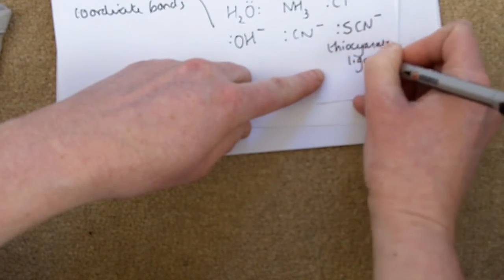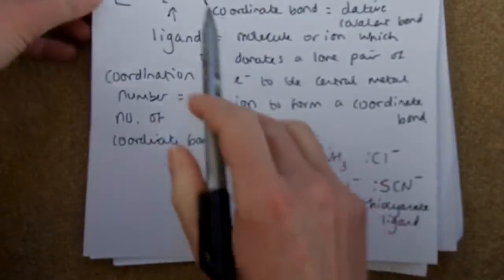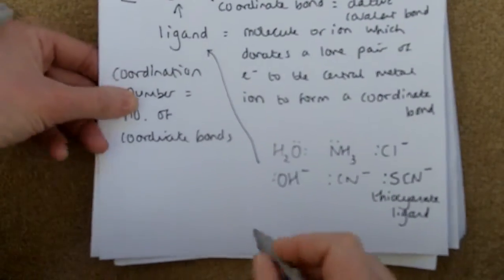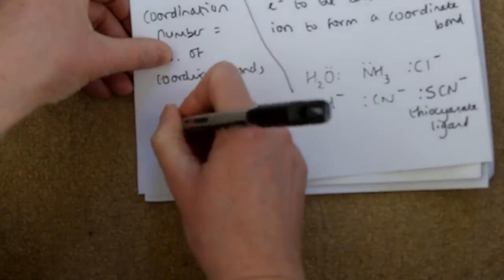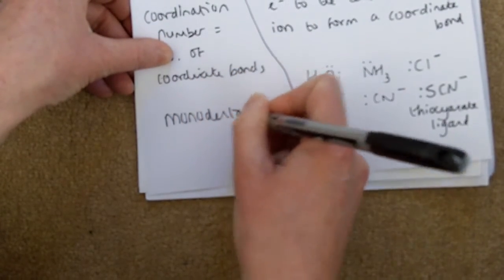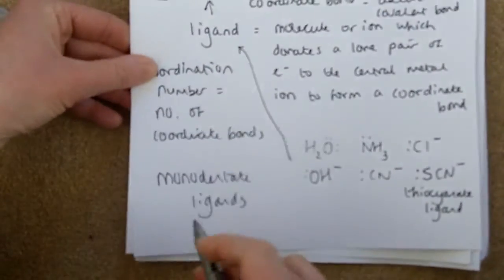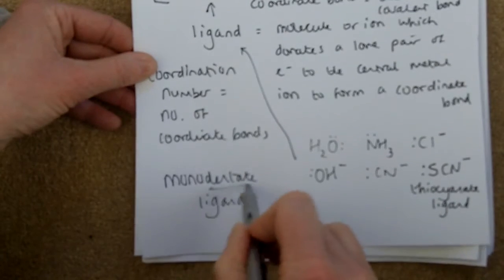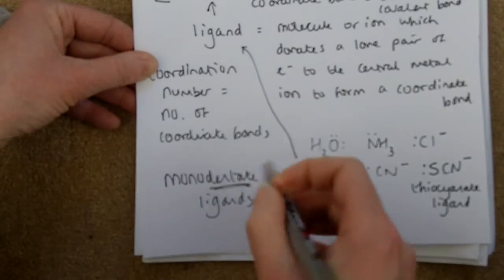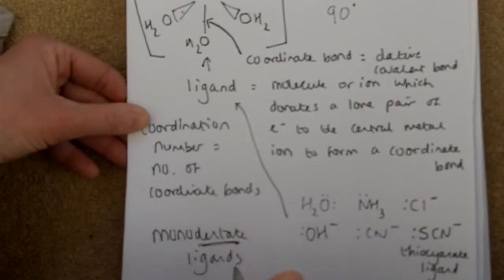They've all got a lone pair of electrons which can be donated to the transition metal ion. They are all called monodentate ligands. Monodentate, because they bite, dentate, they bond once to the transition metal ion.